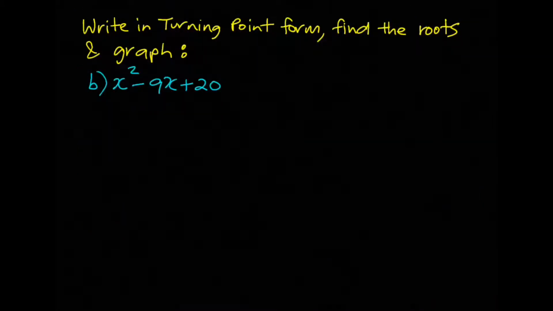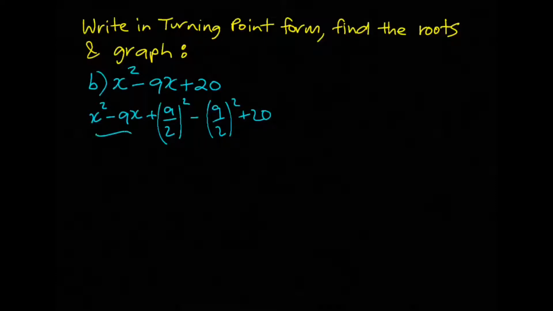Okay, part B, we've got x squared minus 9x. Now let's add 9 on 2, and it's got to be squared. Got to now subtract 9 on 2 squared, plus 20.